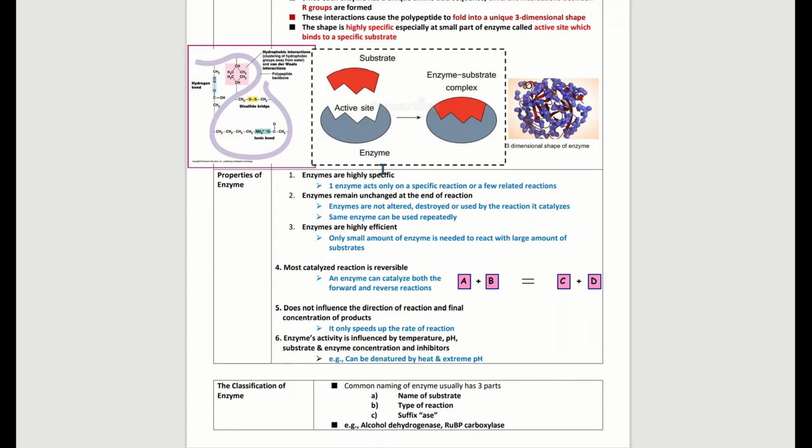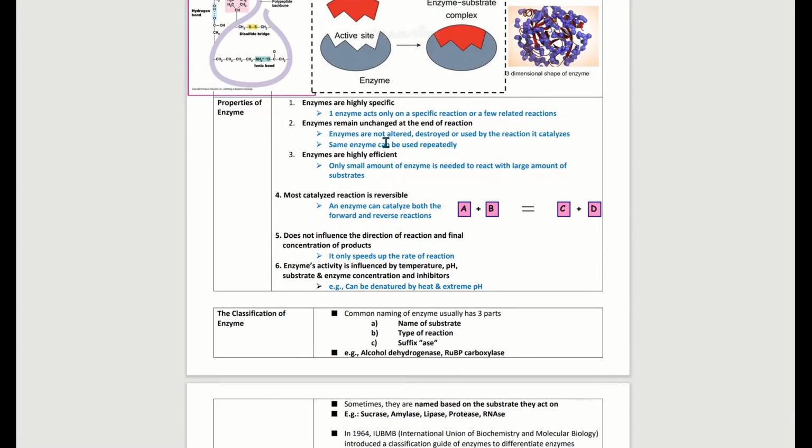So properties of enzyme. Enzymes are highly specific, meaning satu jenis enzyme dia akan boleh act on specific reaction. Dengan substrate ni je dia boleh bind. Contoh. Okay, enzyme remains unchanged at the end of reaction. Maksudnya tidak berubah.